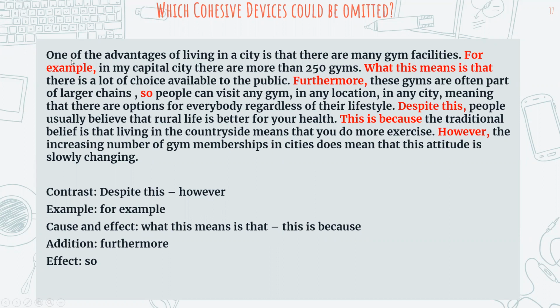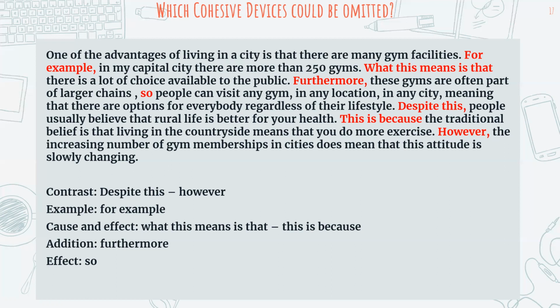Let's read the paragraph. One of the advantages of living in a city is that there are many gym facilities. For example, in my capital city, there are more than 250 gyms. What this means is that there is a lot of choice available to the public. Furthermore, these gyms are often part of larger chains, so people can visit any gym in any location, in any city, meaning that there are options for everybody regardless of their lifestyle.